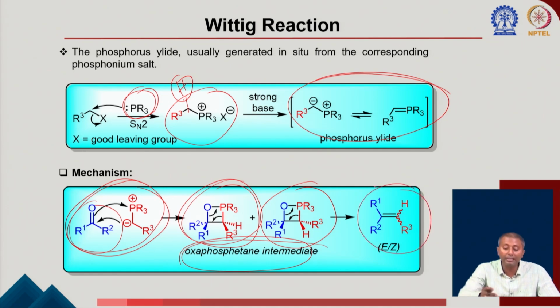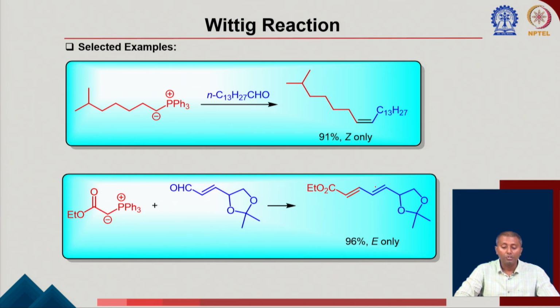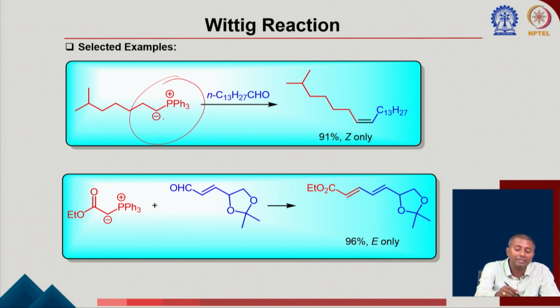We will learn in a minute that depending on which oxaphosphetane forms, it gives either the E or Z olefin. Here in this particular example, we can see clearly that these ylides react with the corresponding aldehyde to form the Z olefin.